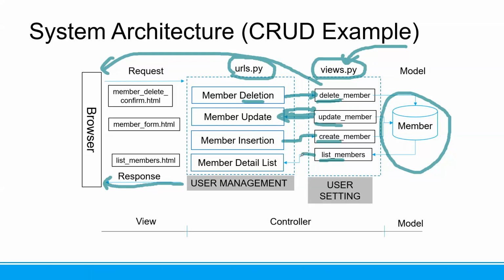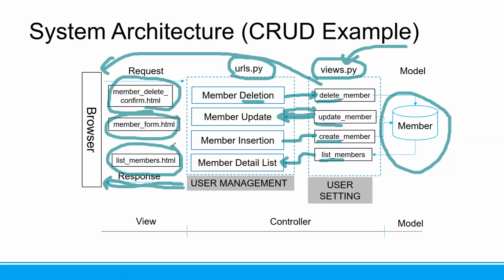If I want to show the detail list, then I will just put all the list members into this detail list. And it will be in the web browser with 3 HTML files. 1, 2, 3. So this is the overall architecture that I will create.